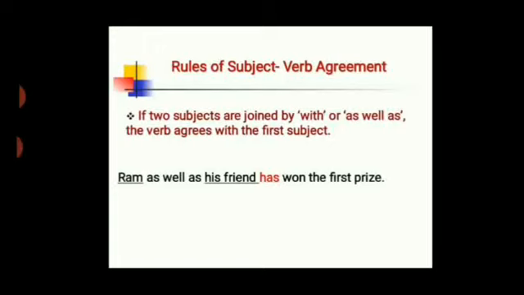So the verb used here is has. Similarly, the ministers with the king were killed. In this, the ministers and the king are two subjects, but were is used here because the verb agrees with the first subject, which is plural.